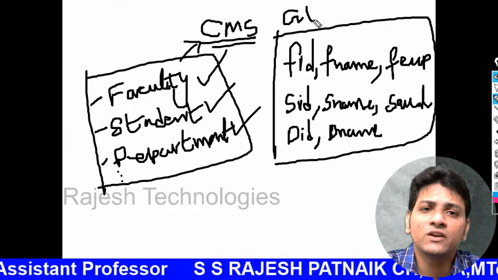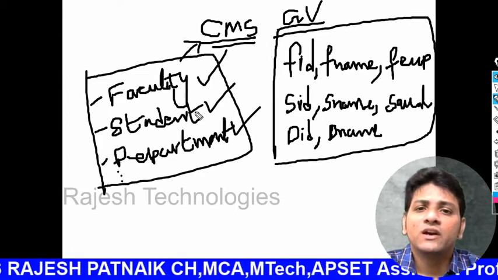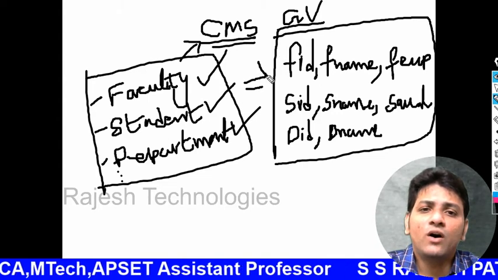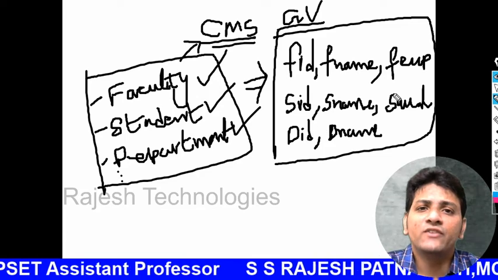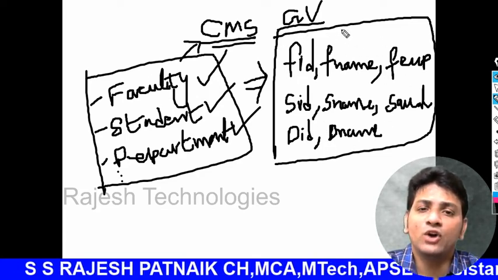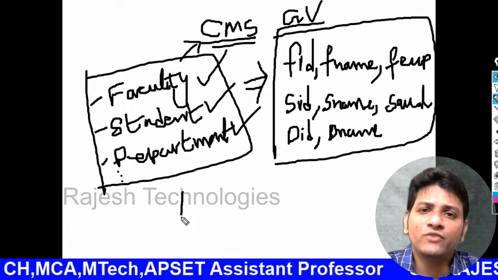First and foremost thing, whenever we are developing any project, we need to write all the different variables of different entities at the start as global variables, because we have different types of functions.